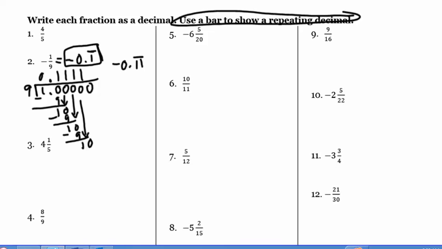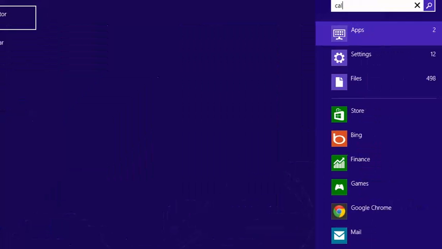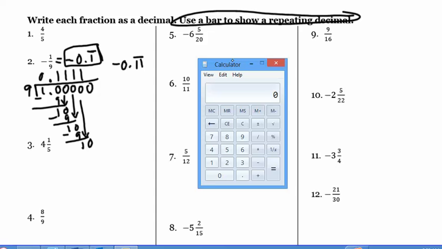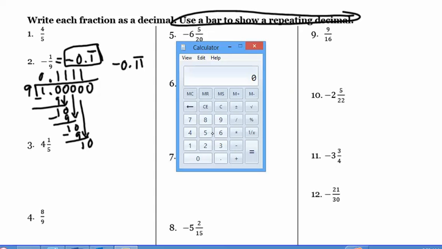Now one way you can always check these is to bring up a calculator. So you can say 1 divided by 9. 0 point, you'll notice the 1s are repeating, so you can use a calculator to check these.